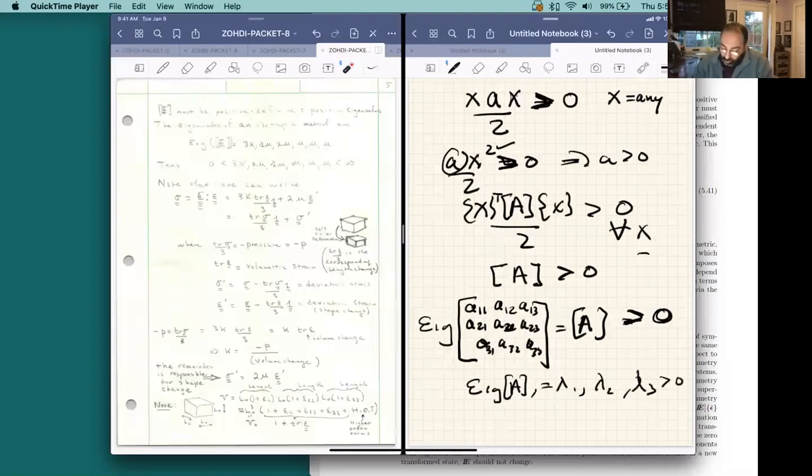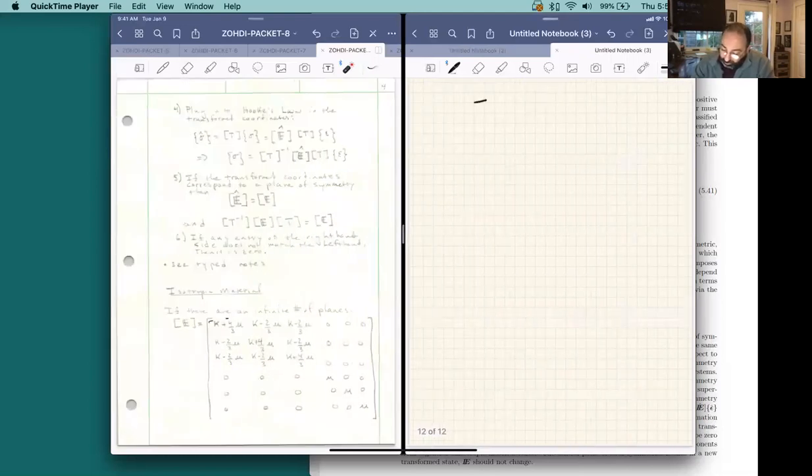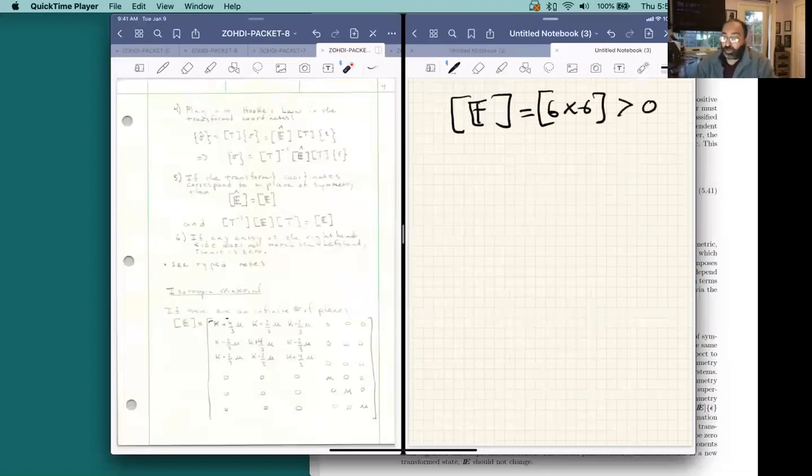So now let's rewind and ask ourselves, when we have this matrix E, and it's a 6 by 6 matrix, and I tell you that it is also greater than 0, what does that mean? There were 3 eigenvalues for a 3 by 3 matrix.